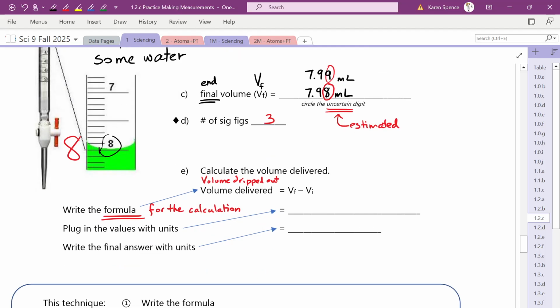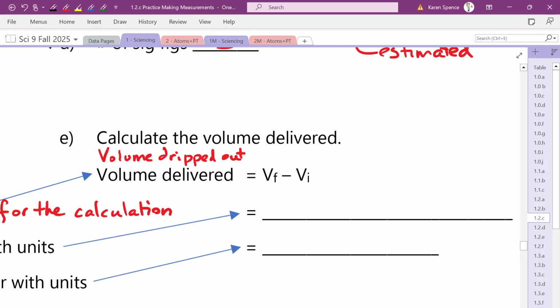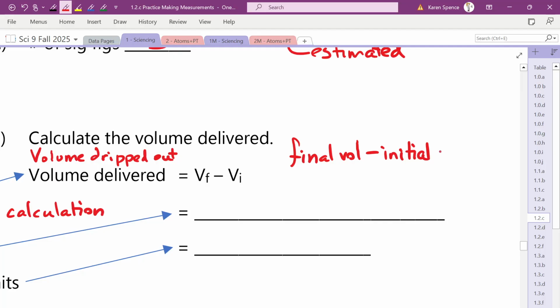Okay? So it is going to be the final volume minus the initial volume. But once again, you don't necessarily want to write that out. So we could say just VF, V with the little F at the bottom, and V with a little I at the bottom.